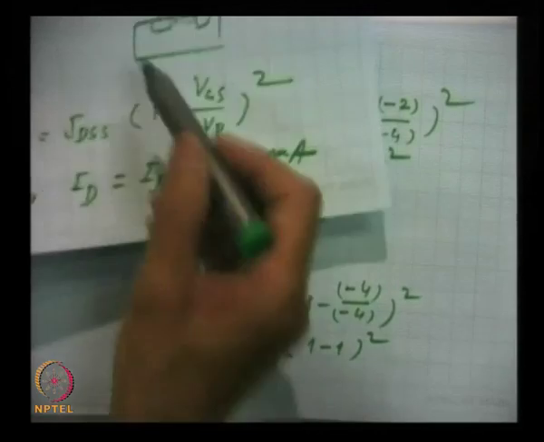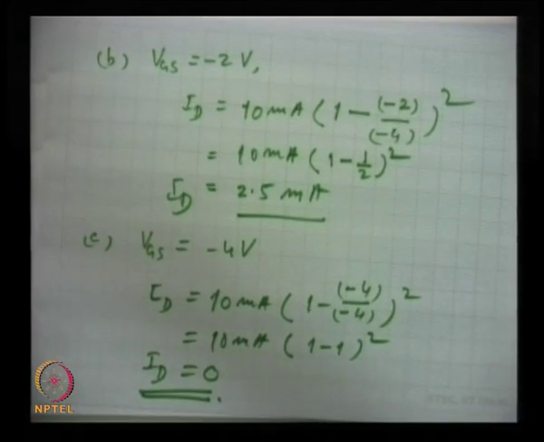All these points you can see from the drain characteristics: when gate source voltage is 0, maximum drain current for the N type JFET flows, and when VGS is made negative, current falls, and when VGS is made equal to Vp in magnitude, then the drain current reduces to 0. So, this is the solution of the problem.